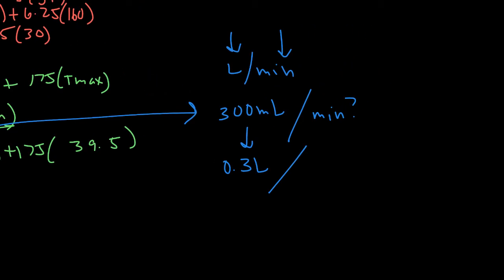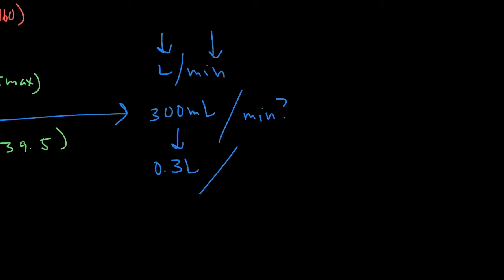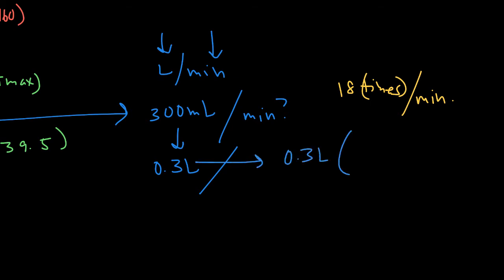Well, she's breathing 18 times per minute. So you know that multiplying 0.3 liters times your 18 times per minute would give you the units of liters per minute.